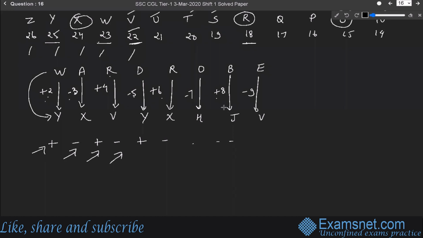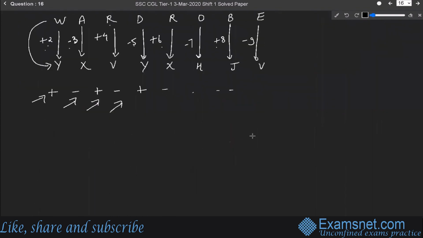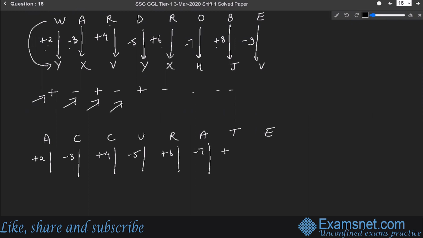Similarly, we have to find how the word accurate will be converted. We have to find how accurate will be written in that language. So let us write the word first: ACCURATE. The concept is you add +2, then -3, then +4, then -5, then +6, -7, +8, and -9.